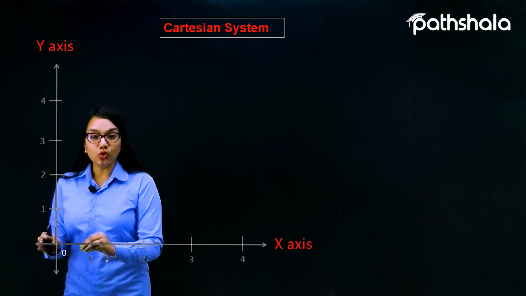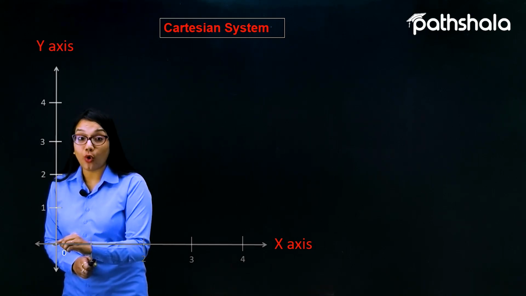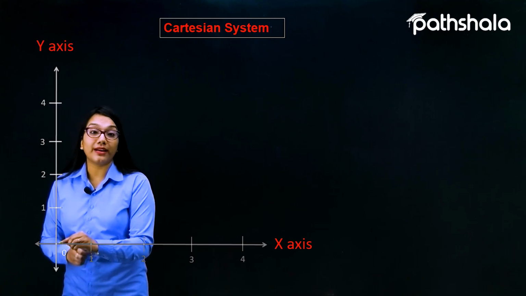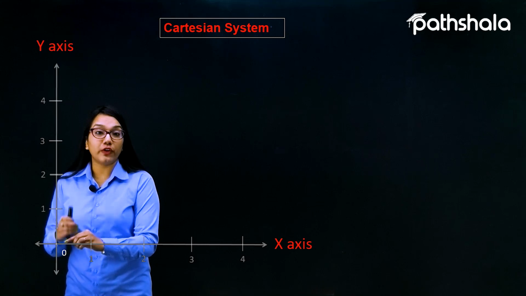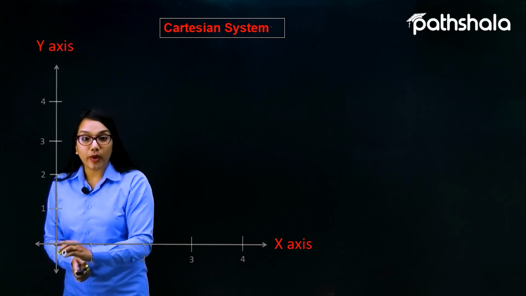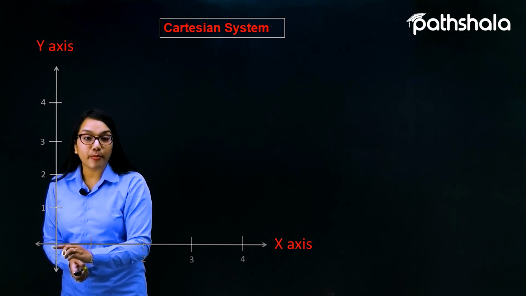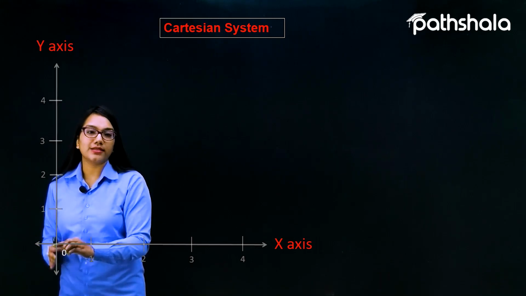And an important note: where the two lines meet together, this particular point O is called the origin. The intersection of the two axes, the x-axis and y-axis, wherever they meet at the point 0, is called the origin.